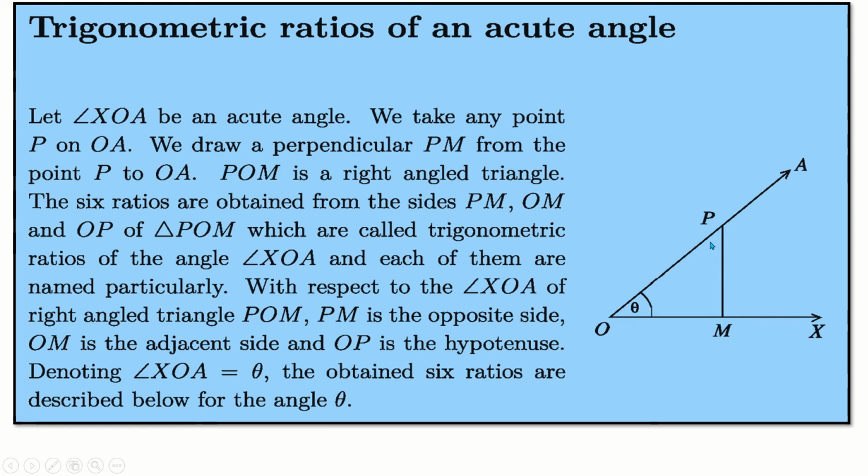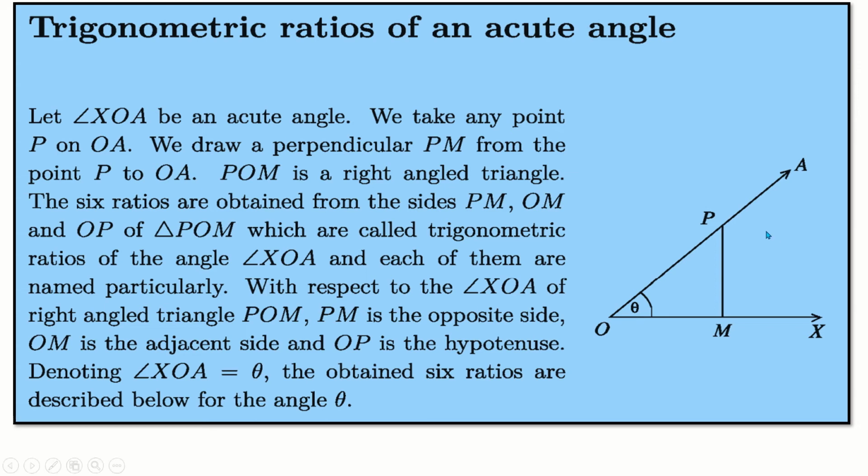You have to remember this. So there are different names of the trigonometric ratios: sine, cosine, secant, tangent, cotangent, cosecant, etc.